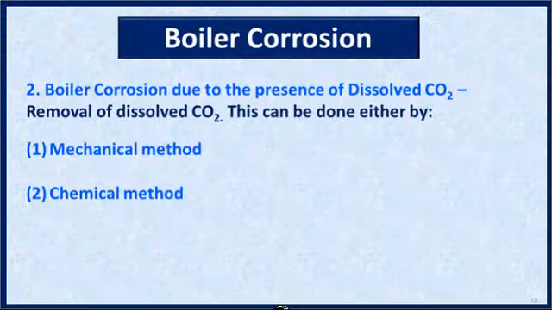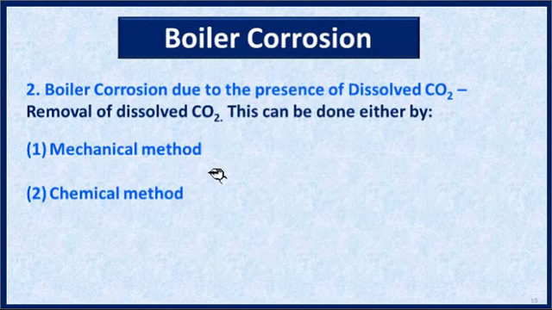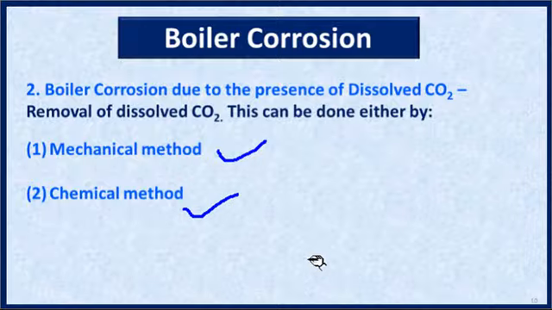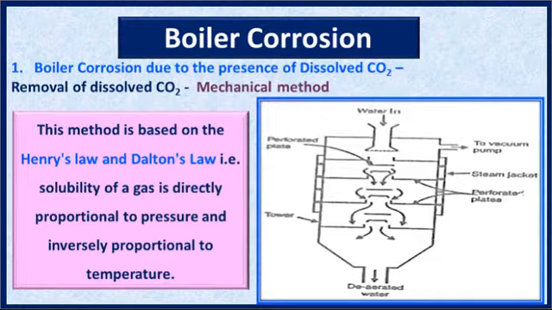Now, how can we remove carbon dioxide from the boiler feed water? Similar to the oxygen, here two methods are used to remove the carbon dioxide. First is the mechanical method, second one is the chemical method. The mechanical method is the same as we used in the removal of oxygen. The same mechanical deaeration chamber is used.